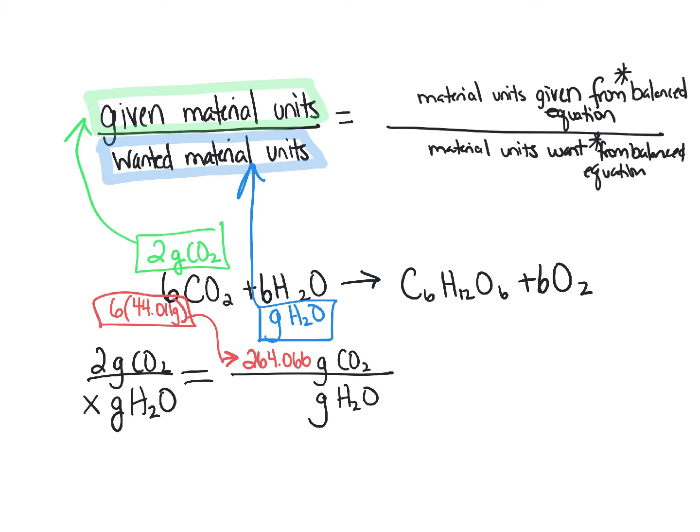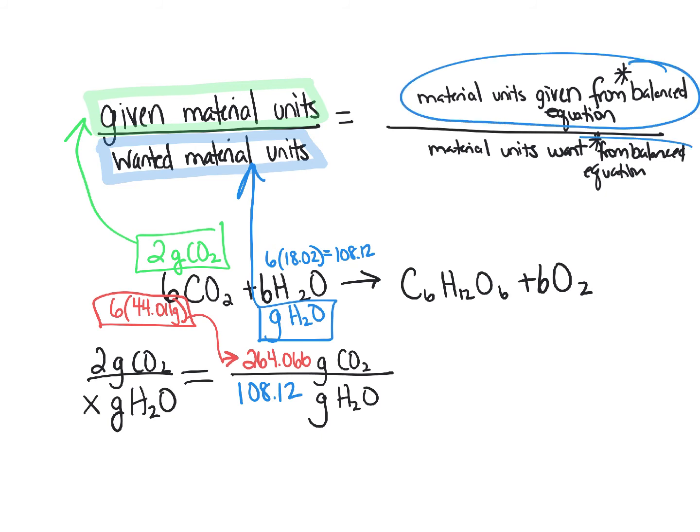Since water says also I need 6 moles of it, I'm going to have to do 6 times the molar mass of water to find out how many grams my balanced equation says that I need. So I need 108.12 grams. So remember that your information on the right side gets calculated from your balanced equation. And to solve this, I simply cross multiply and solve for X.